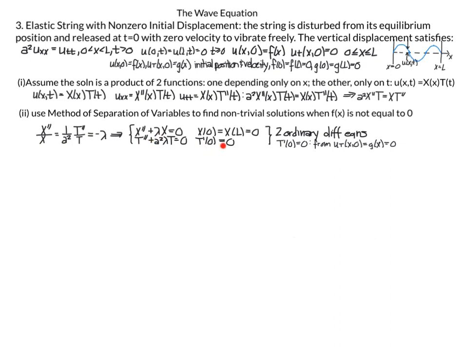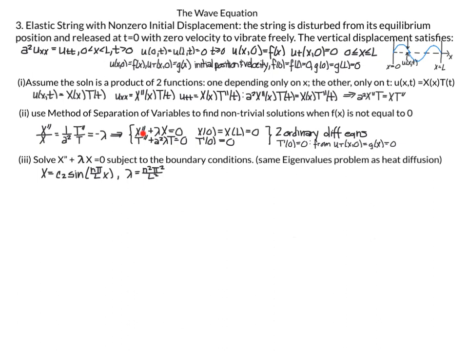And this means that T has an initial value. Looking at the boundary value problem, we have X double prime plus lambda X equals 0, subject to our boundary values. And this is an eigenvalue problem, and in fact, it's the same eigenvalue problem as the heat diffusion.